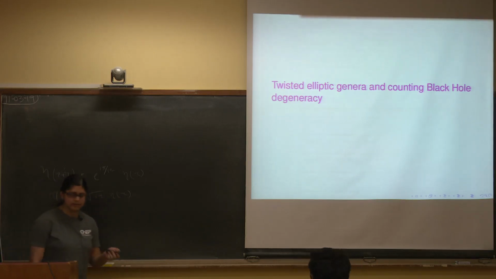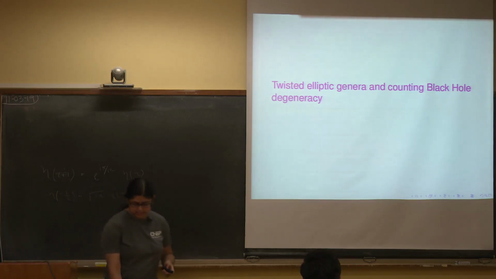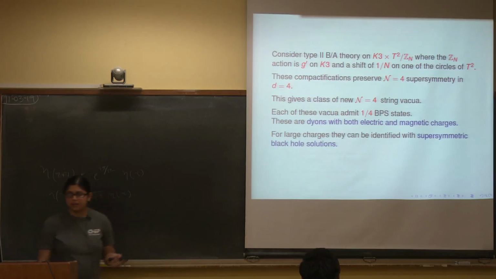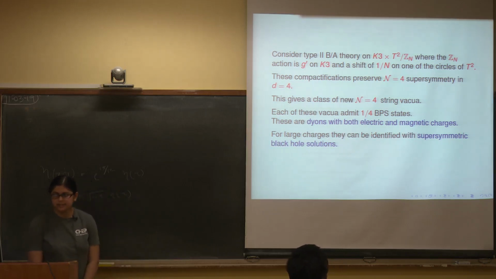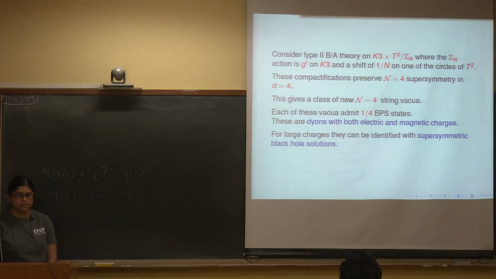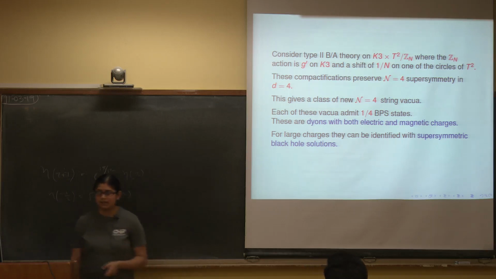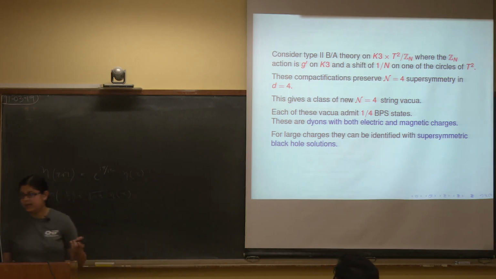Now, let us move on to how we use this twisted elliptic genus to determine the black hole degeneracies. If you consider the type II theory on K3 times T2 orbifolded with an order n object, where this Zn action is a g prime action on K3, similar to M23 and M24, and a shift of 1 by n on one of the T2 circles, which preserves the supersymmetry.